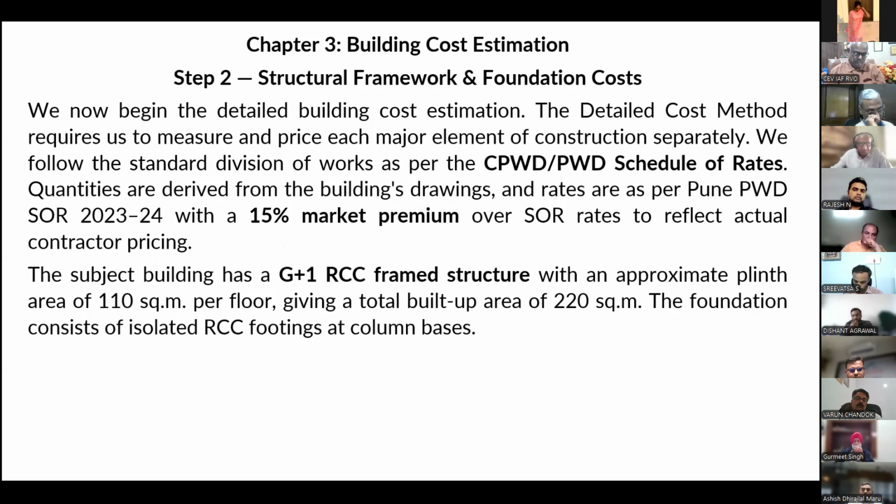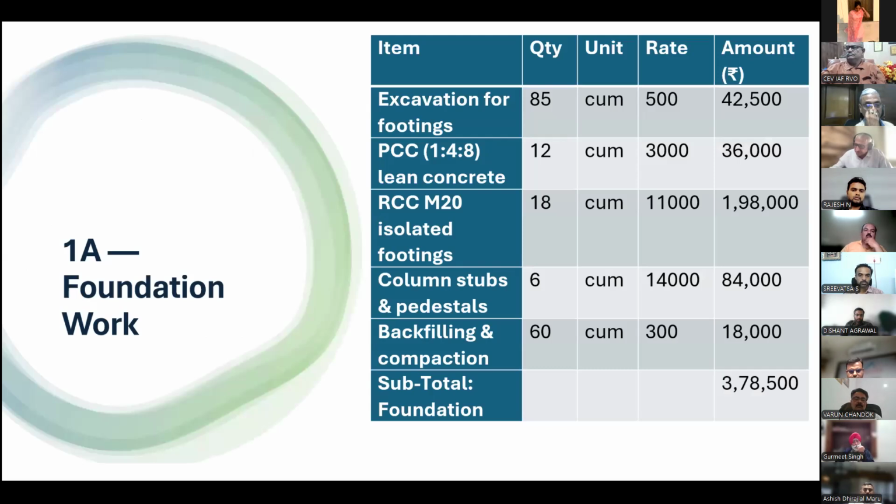Contractor rate is somewhat higher than the schedule of rates, so we are applying just 15% market premium over it. We will not be going into details of how the calculation is to be done for different items. As an engineer or as an architect, you can very easily calculate these things.